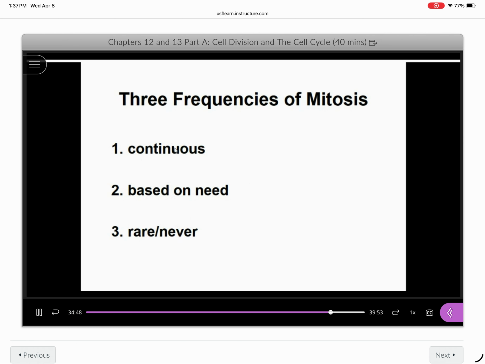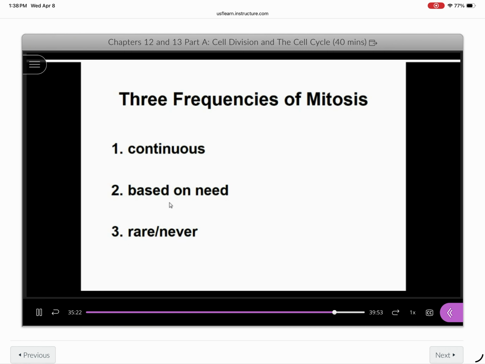The cells of your GI tract are another example of number 1, and frankly, the cells of the blood. Your blood is produced by bone marrow, and those cells are constantly dividing. You're constantly making new blood cells because they're so important for your body. You always want a fresh supply. So what do we say? Skin cells, the lining of the gut, and blood cells are always dividing.